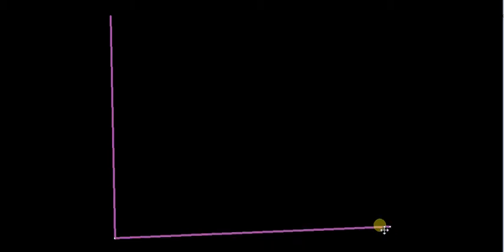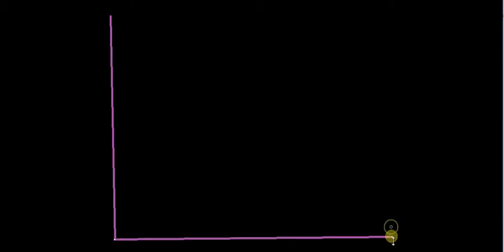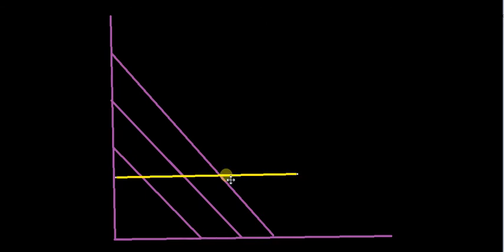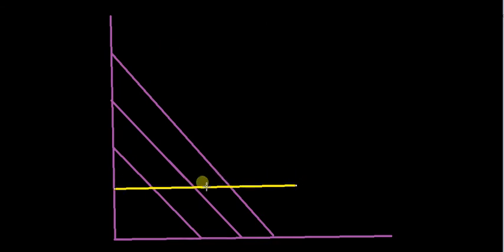Because in the short run capital is fixed, I have a very important issue now. Let's see. This is my iso-cost line, and I have fixed the amount of capital at some level, K naught.